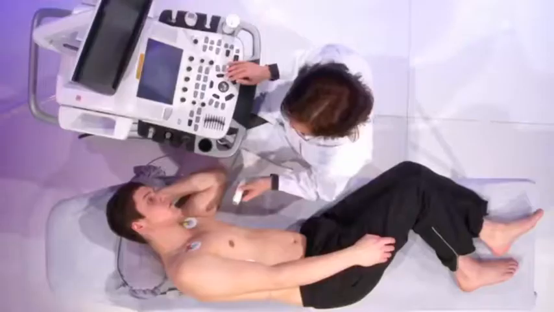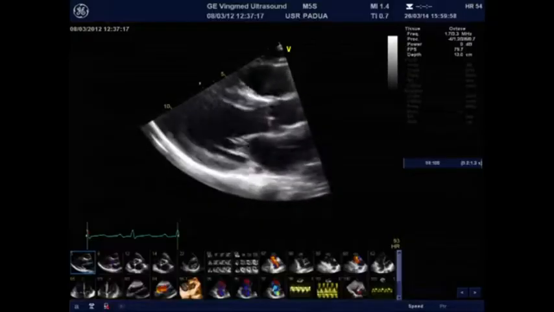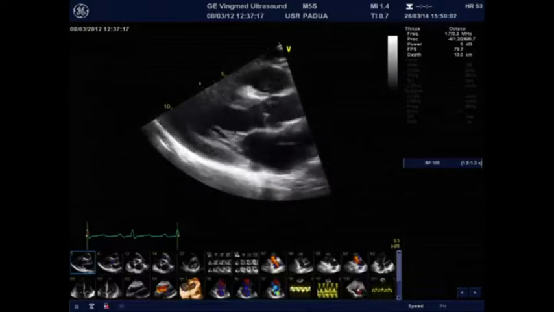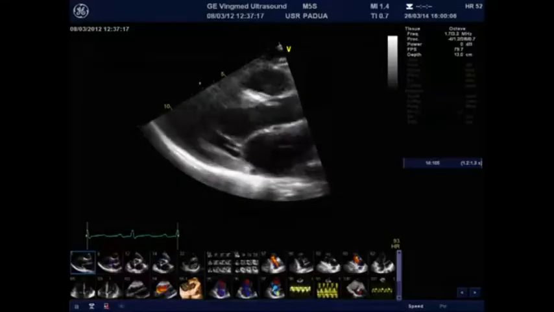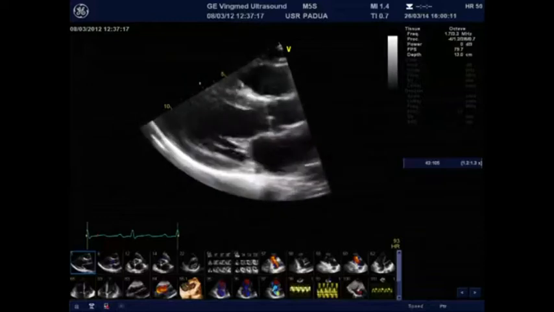So, let's start the examination with the parasternal longitudinal view of the left ventricle, which even if it does not allow us to assess the tricuspid valve, gives us important information qualitatively about the size of the right ventricle, which in this case, as you can see, seems normal.